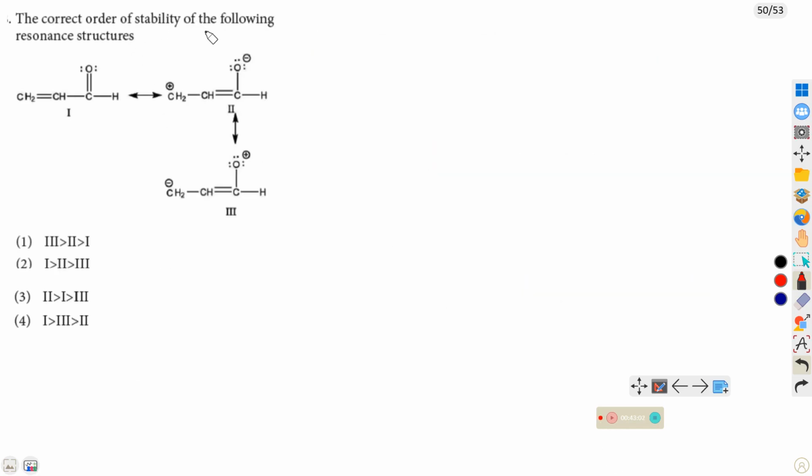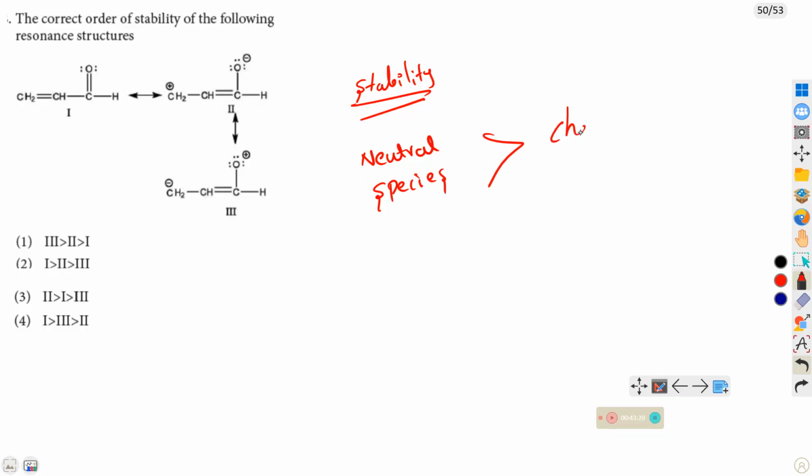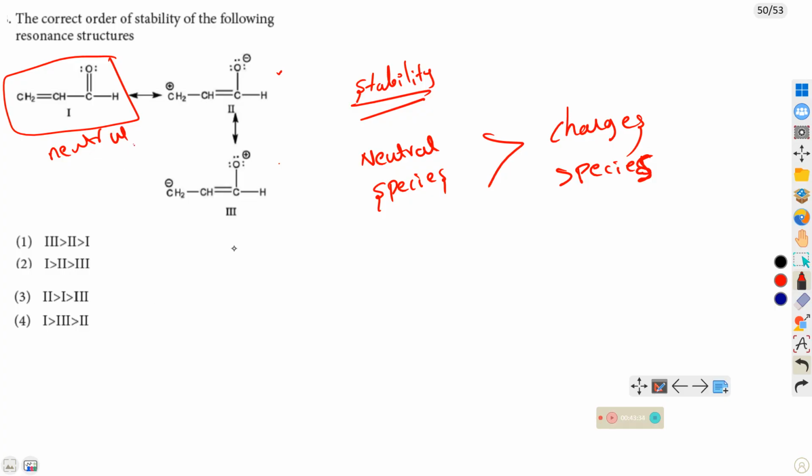The correct order of stability of the following resonance structures. Neutral species are more stable than charged species. Based on this, two are charged species and this one is neutral. Neutral molecule is more stable.